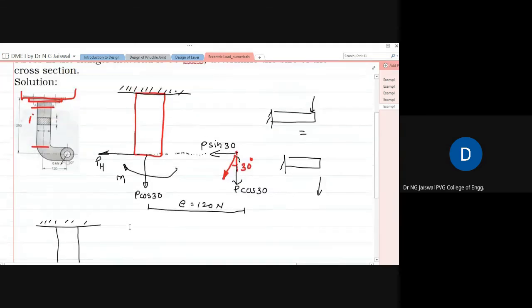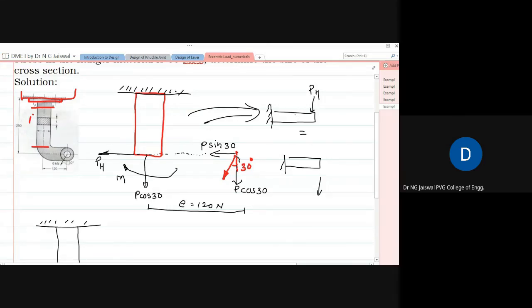Just see, the diagram with the PH and this diagram are actually the same. Can you see this? I just rotated the figure 90 degrees anti-clockwise. If I rotate this figure anti-clockwise, this still remains PH. And what is this? This is a cantilever beam.